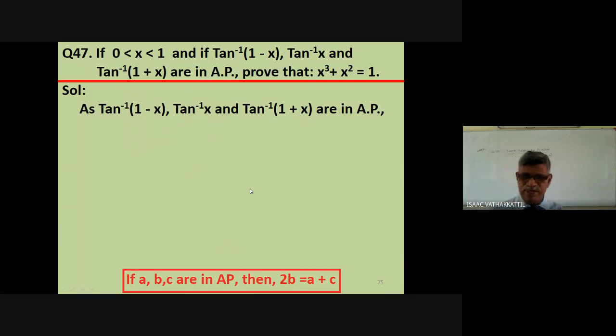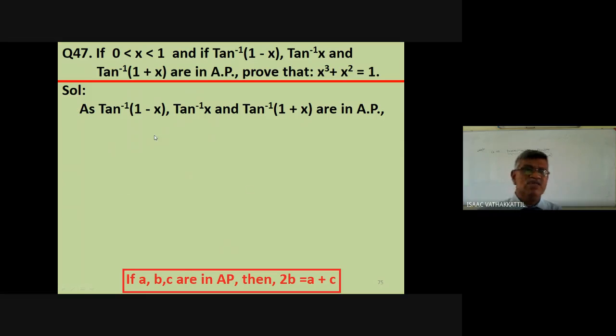Remember this, we may need it in many places. Can you tell me what happens if A, B, C are in geometric progression? If A, B, C are in geometric progression, then B squared equal to AC. If A, B, C are in arithmetic progression, then 2B equal to A plus C.